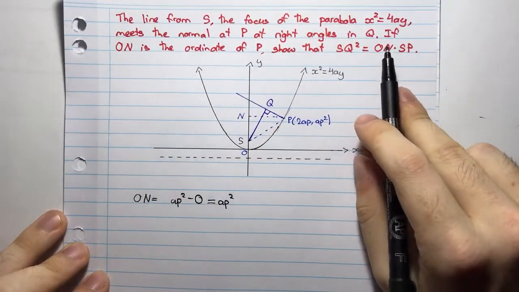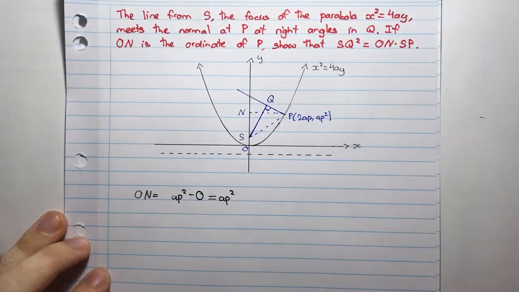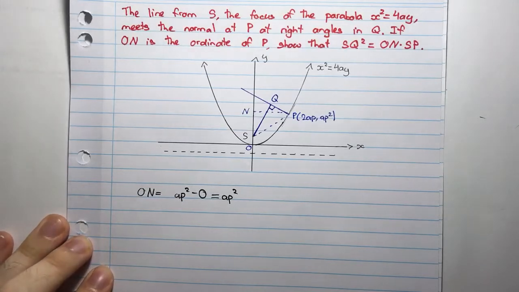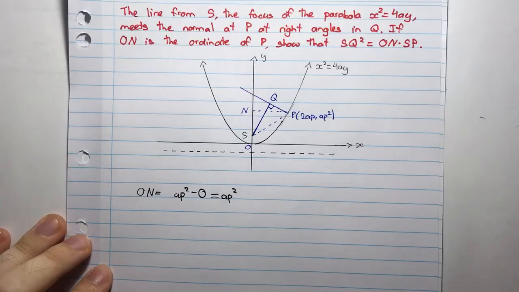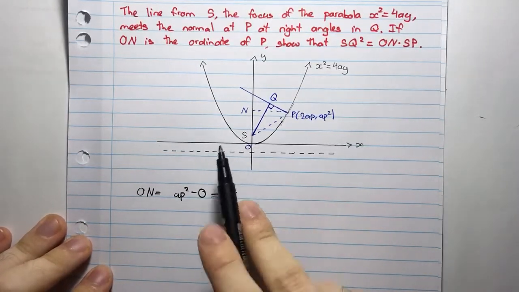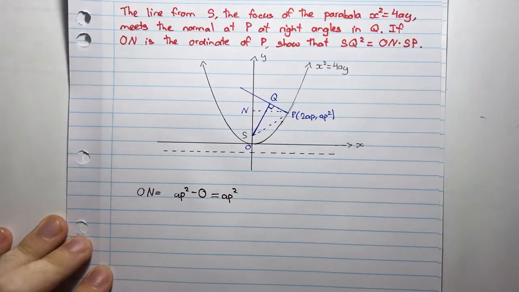So I've got ON. Now what about SP? There are a few ways that we can do this, but I think the easiest way is usually the most overlooked way. We're dealing with a parabola. Now think back to the definition of a parabola. A parabola is defined as the locus of all points which are equidistant from a point, which is S, the focus, and a line which is called the directrix.